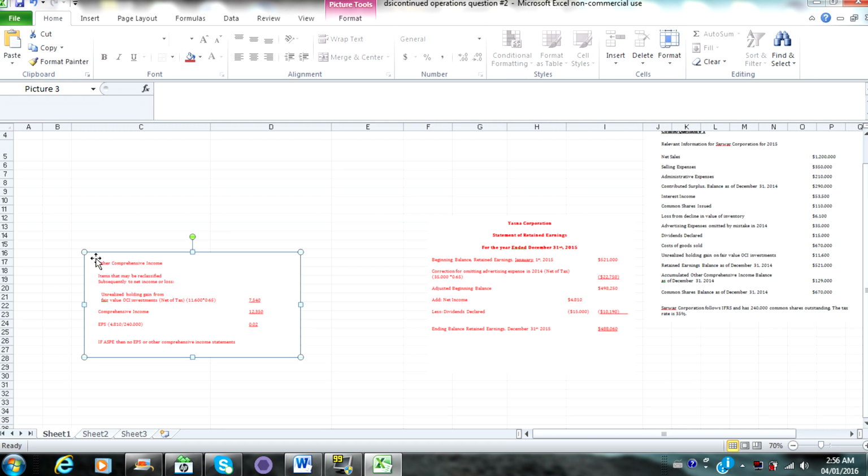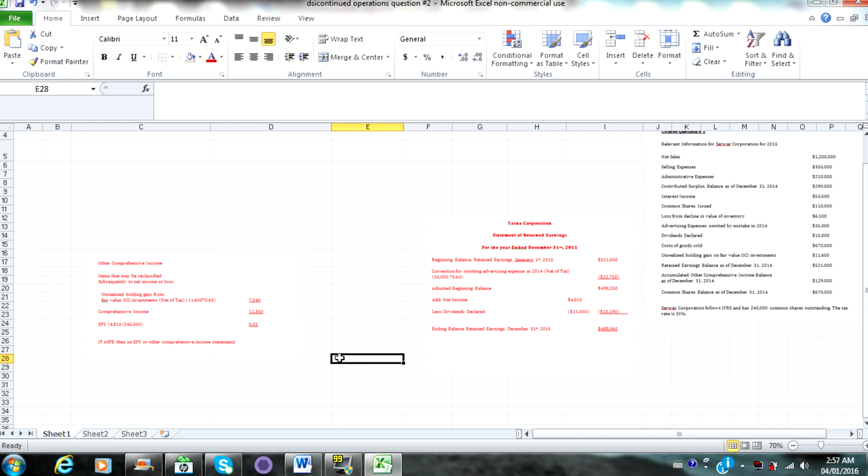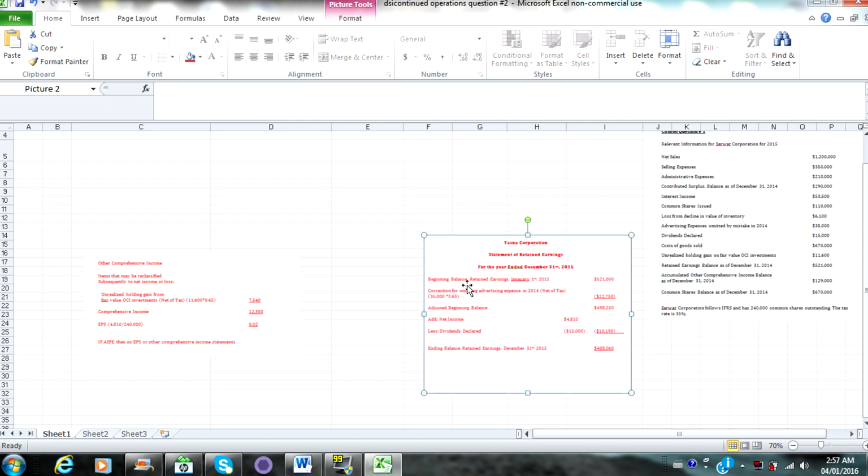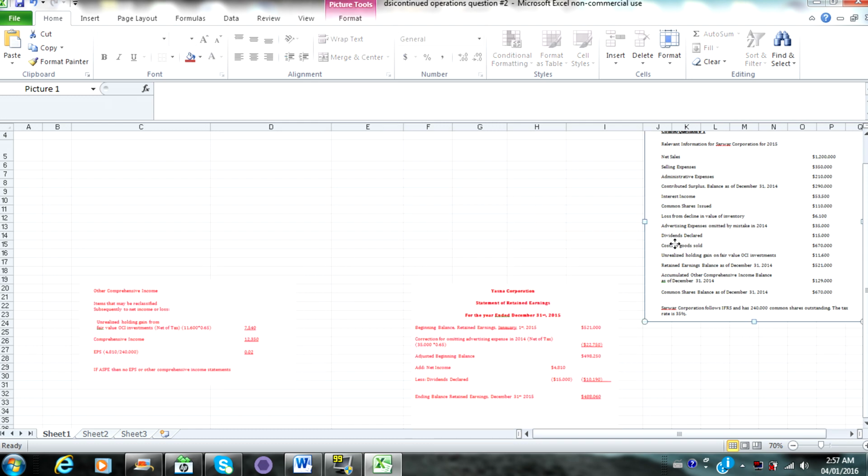It's the portion that includes our other comprehensive income down to our earnings per share. So it includes our other comprehensive income, our comprehensive income and EPS. So I've basically screenshotted everything we need to know and everything that we've prepared in the past that is going to be useful in preparing our statement of changes in equity.